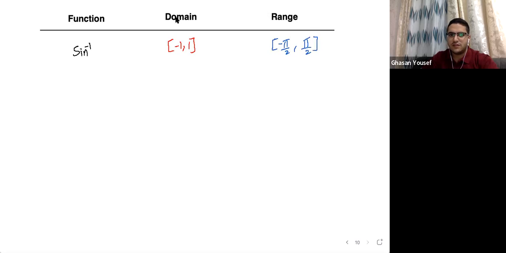The second function is cosine inverse. The domain must be from -1 to 1, and the range must be from 0 to pi only. The last one is the tan inverse.